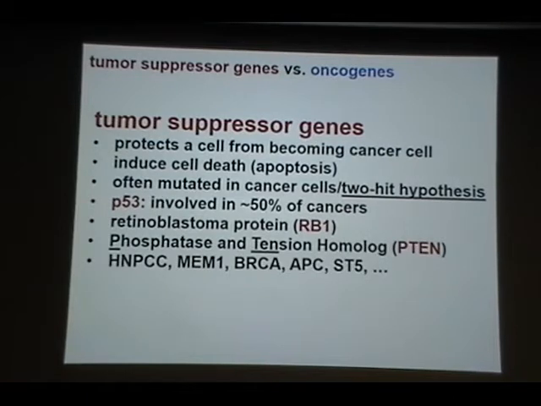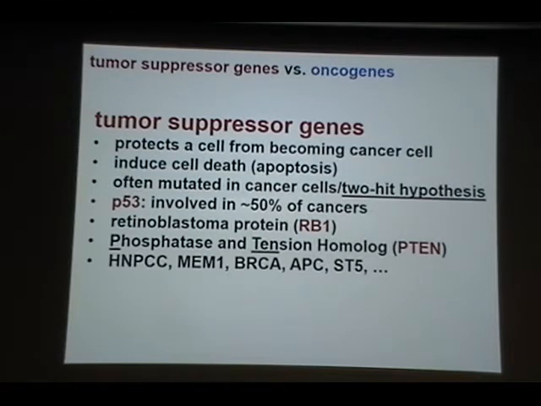The most famous tumor suppressor gene is called P53, and mutation of this gene is involved in over 50% of different types of cancers. The other one is called retinoblastoma protein, RB1 for short, and there are so many of them.